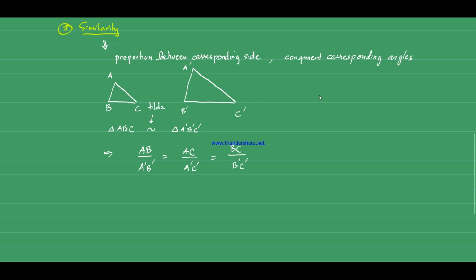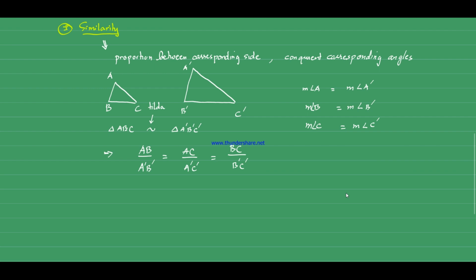It means that over here, the measure of angle A is congruent to the measure of angle A prime. The measure of angle B is congruent to the measure of angle B prime. The measure of angle C is also congruent to the measure of angle C prime. So remember that.